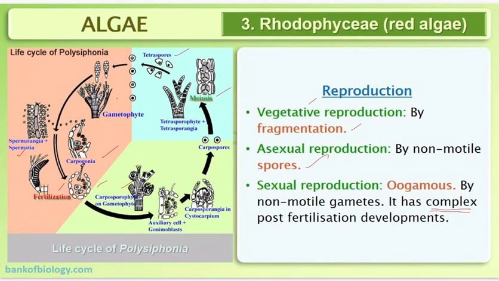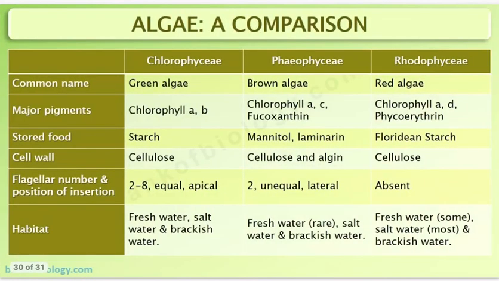Fertilization will result in formation of zygote and development of the carposporophyte on gametophyte. And now the carposporophyte will form carposporangium, and this carposporangium will form carpospores. Now here you can see oogamous but non-motile. Look at that. They have no motile structures. So that's why we say non-motile.